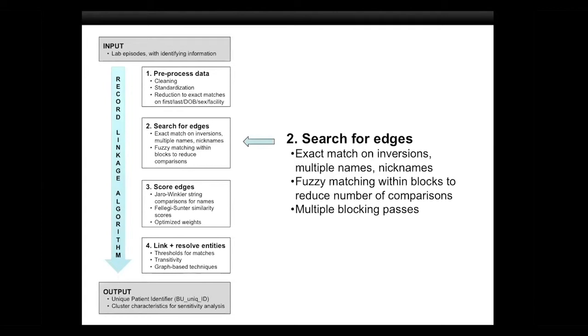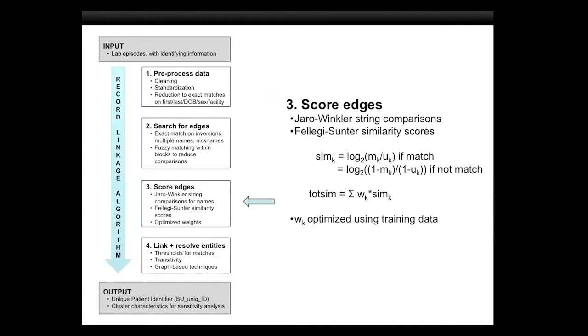We have to do this within blocks because it's a very large problem otherwise, and so we do multiple blocking passes in order to identify candidate matches. We use the Fellegi-Sunter methods to score those edges.